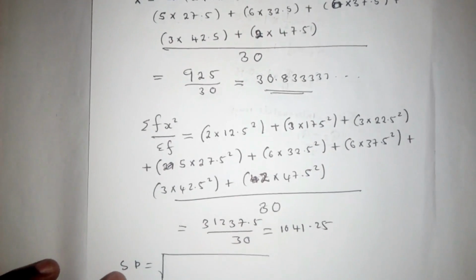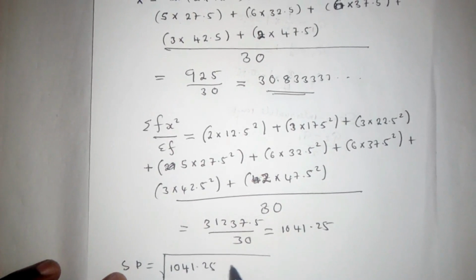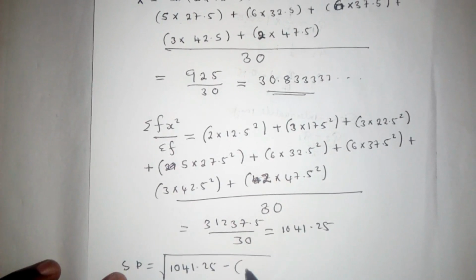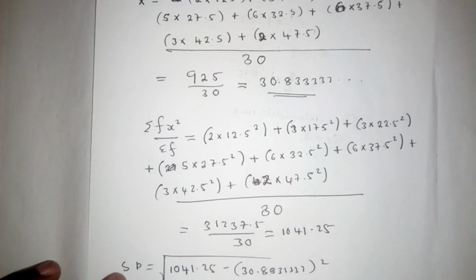So we can use this, put it in our equation for finding standard deviation, this equation. So we have 1041.25 minus the square of the mean. The mean we found is 30.8333 squared.